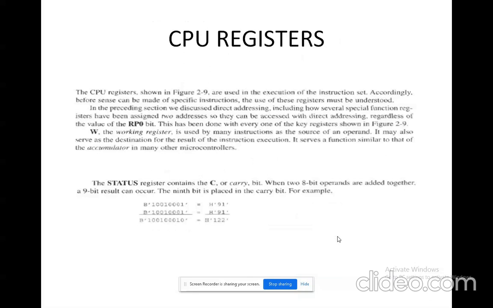For executing all the instructions present in the PIC microcontroller, the CPU registers are used. So before sense can be made of a specific instruction, the use of these registers must be understood. Before using all these instructions for execution, we have to understand the working of the registers.